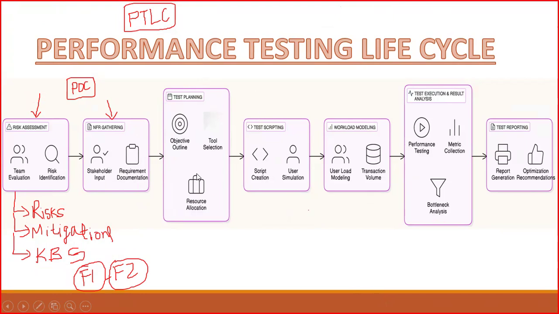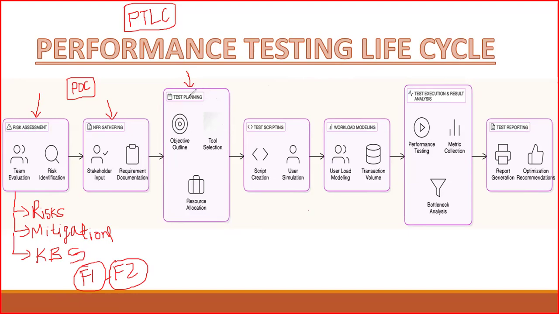Once we complete the NFR gathering and get the information from the client, immediately we will prepare the test plan or test strategy. The next stage is the test planning stage, wherein we are going to prepare the test plan document. What content we need to place in the test plan document or test strategy document, we will see going forward.